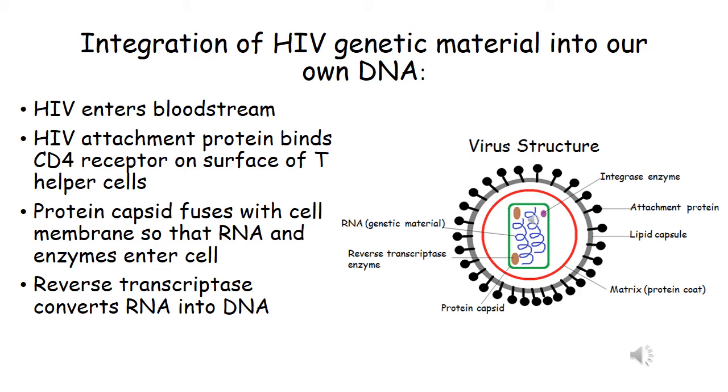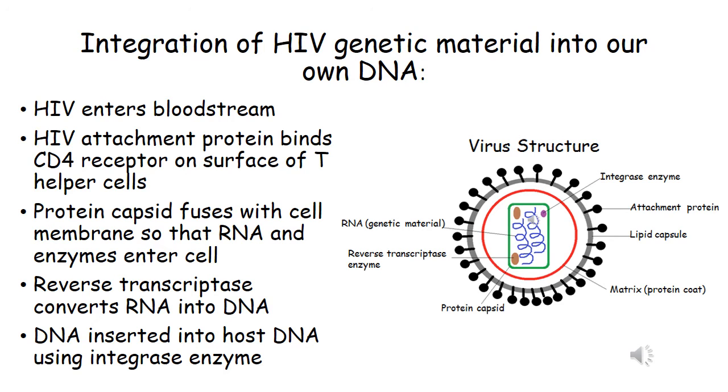Once RNA is converted into DNA, the DNA moves into the nucleus, and the integrase enzyme is then able to cause the viral DNA to integrate randomly into the host DNA. This process can actually lead to quite undesirable genetic mutations in the host cell.